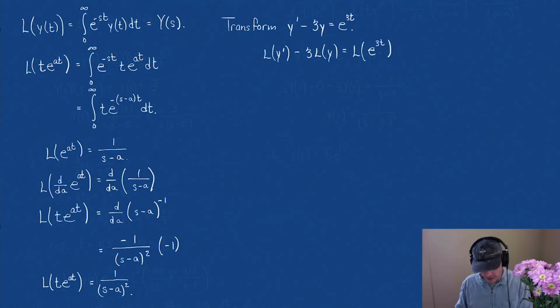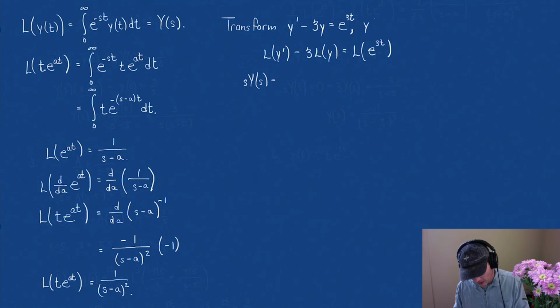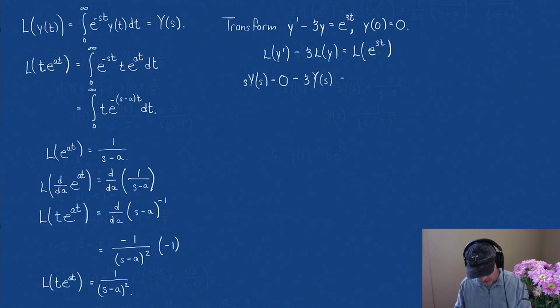So the derivative, we know that one, that is s times Y of s minus, and I'm going to give it an initial condition, let's say that y of 0 is 0, so minus 0, minus the Laplace transform of y, that's just 3 times capital Y of s. This equals, and the Laplace transform of e to the 3t is 1 over s minus 3.